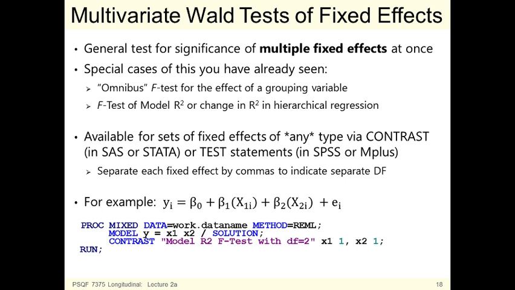If you were to add new predictors in a second step, it gives you a separate piece of output for each step, and in addition to the test of the R-square, you can ask for a change in the R-square test, and that's an F as well. So those special tests are provided by default. I will teach you how to ask for them for those cases, as well as for any case under the sun in which you're interested in testing more than one effect at the same time.